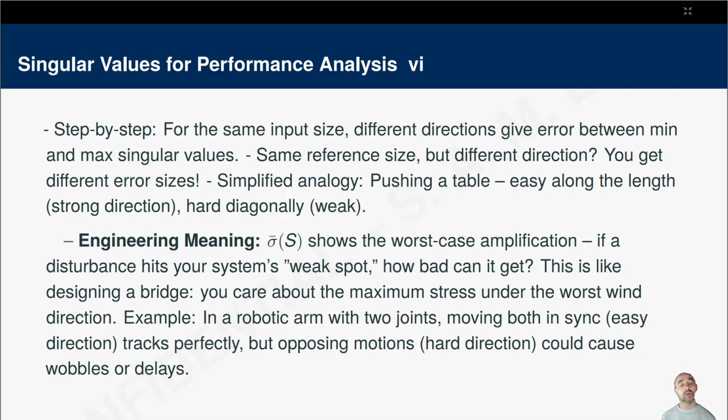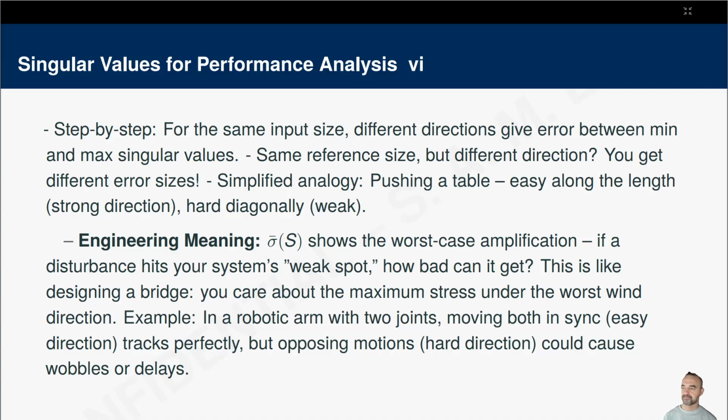But this 1 Newton might be along the y direction, assuming the length is along the y direction. Then applying the same 1 Newton force along the diagonal of the table would be harder, because that's the weak direction, while the length is a strong direction.